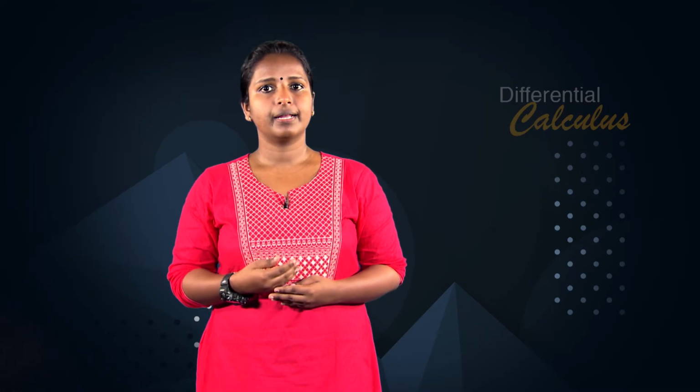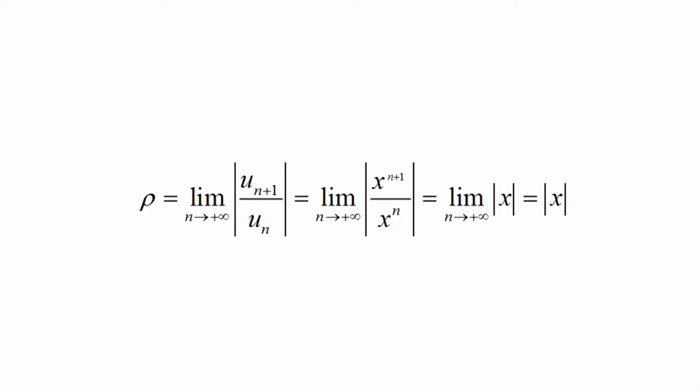First one, we apply the ratio test for absolute convergence. Here the nth term of the series is un equal to x power n. We have rho equal to the limit of the absolute value of un plus 1 upon un as n approaches infinity, which is equal to the limit of the absolute value of x power n plus 1 upon x power n as n approaches infinity, which is equal to the limit of the absolute value of x as n approaches infinity, which is equal to the absolute value of x.